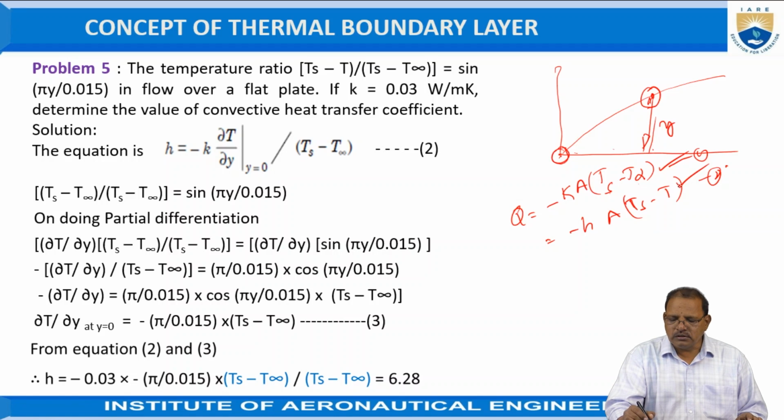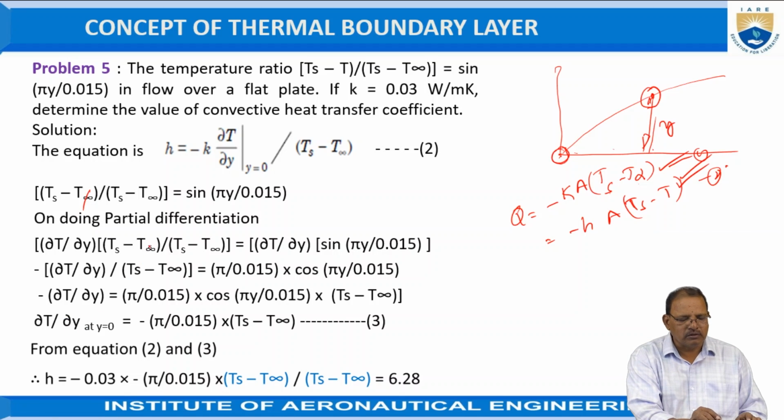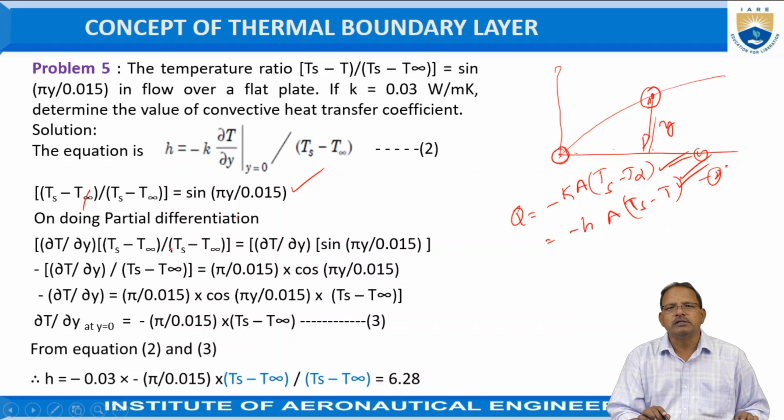Now by using this equation, Ts minus T divided by Ts minus T alpha is equal to sine of pi y divided by 0.015. We do a partial differentiation of the above equation with respect to y in order to determine the temperature gradient.